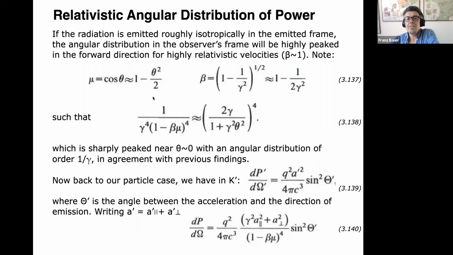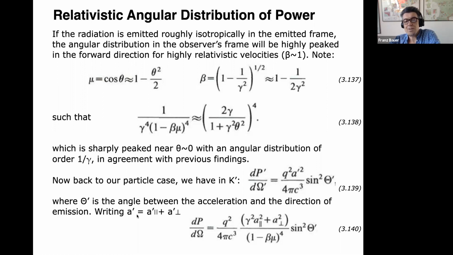So if we think about this beaming case, and we go back to our particle here, and we have our K prime frame, we have the angular distribution of power, and this angular distribution of power looks like this, coming back to our classical Larmor radiation. It has a decently strong dipole dependence here. And this angle here is between the acceleration and the direction of emission.